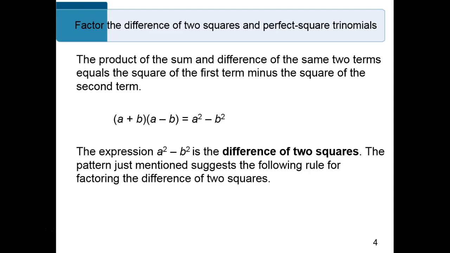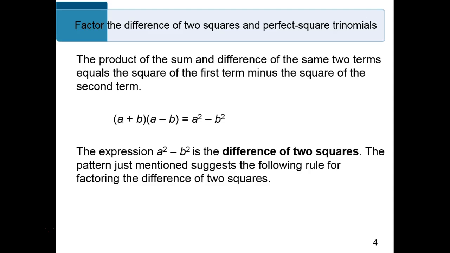Now, the good thing to do is recognize your perfect squares. I like to write down a bunch of numbers, 1, 2, 3, 4, 5, 6, 7, 8, 9, 10, 11, 12. Let's call this n.